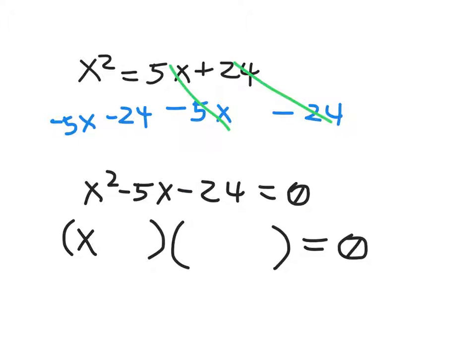We know it's going to be an x, we know it's going to be an x, and then it's like, what factors of -24 are such that when I add them together, I'm going to get a -5. Well, the factors that stick out in my mind have to do with 8 and 3, because I know that there's a difference of 5 between 8 and 3. So the question is, is it going to be a +3 and a -8, or is it going to be a +8 and a -3?